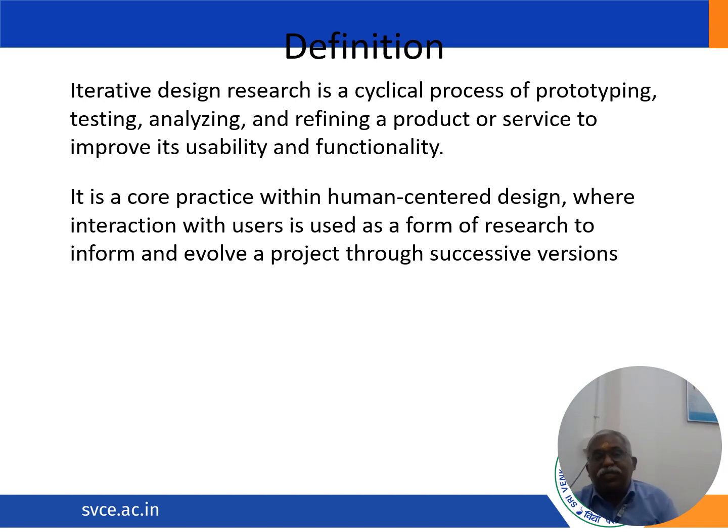Before reaching the customer, we can understand the customer's problem in an empathetic manner. We are designing many things. Interactive design research is a cyclic process of prototyping, testing, analyzing, and refining a product or sometimes a service to improve its usability and functionality. How is it useful?